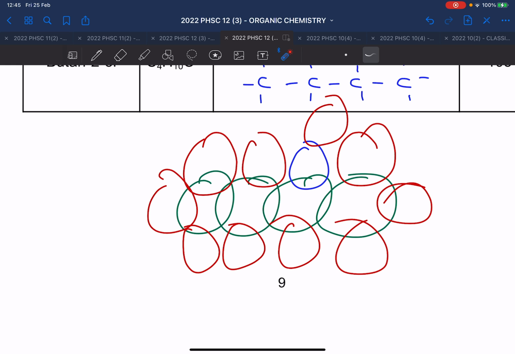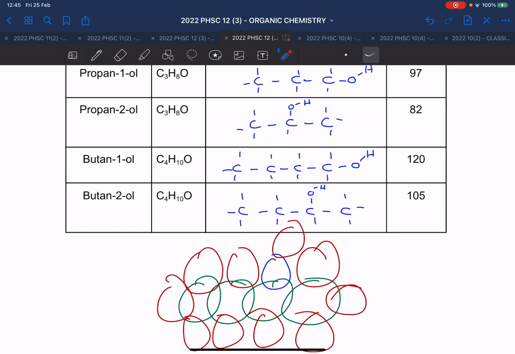Because this one is more shielded by other atoms, the chance that an intermolecular force will form is lower, and if it forms, it will easily be broken. That's why the boiling point is lower.